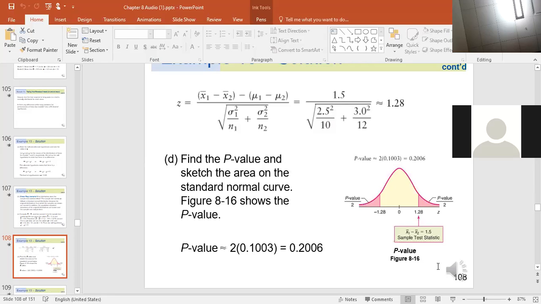What was alpha? Pardon? 5%. 0.05. Is this p-value greater than or less than alpha? P is greater than alpha, so do not reject H0. Conclusion?